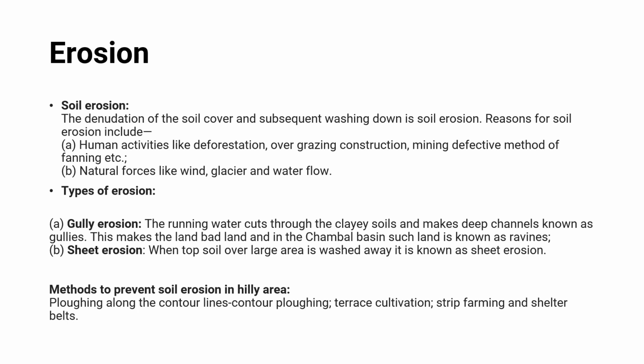The second type is sheet erosion. When topsoil over a large area is washed away, it is known as sheet erosion. What are the methods to prevent soil erosion in hilly areas? Ploughing along the contour lines, contour ploughing, terrace cultivation, strip farming, and shelter belts.